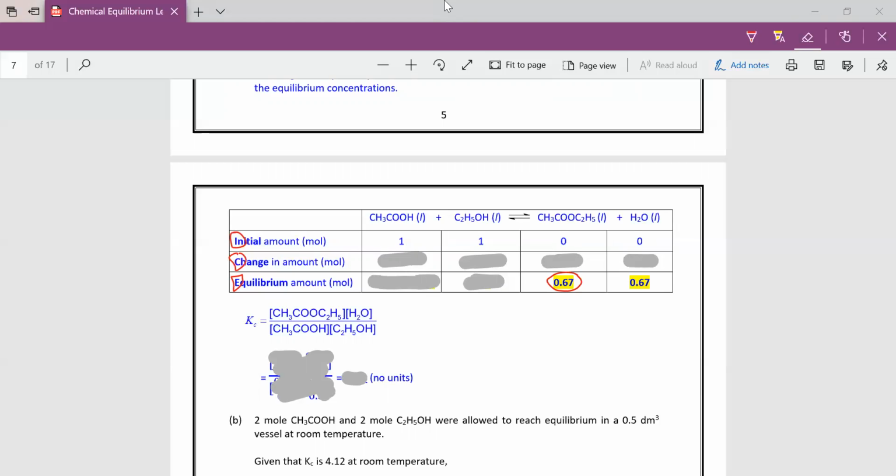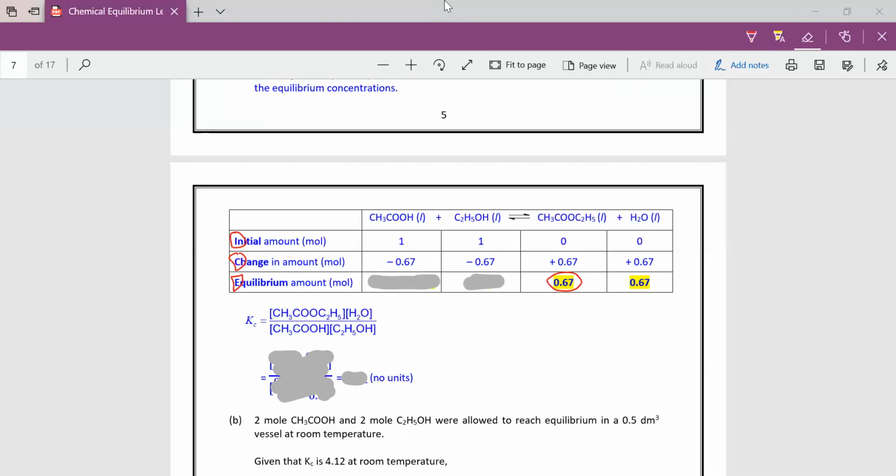From 0 to 0.67, what is the change? Very obviously, it is going to be an addition of 0.67. Likewise, when we look at the reactant, if the product adds 0.67, it means that the reactant has to take away 0.67. And that's exactly what we're going to put down.